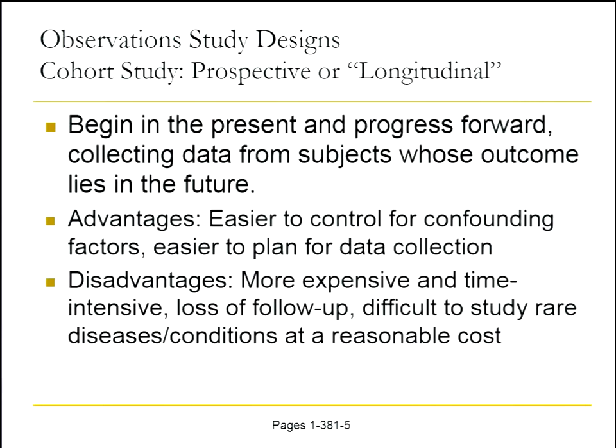The prospective or longitudinal cohort study measures things in the future, collecting data from those subjects whose outcomes lie in the future. In Framingham, we collect smoking data, cholesterol data, and blood pressure data, and in the future, we investigate how many events happen.